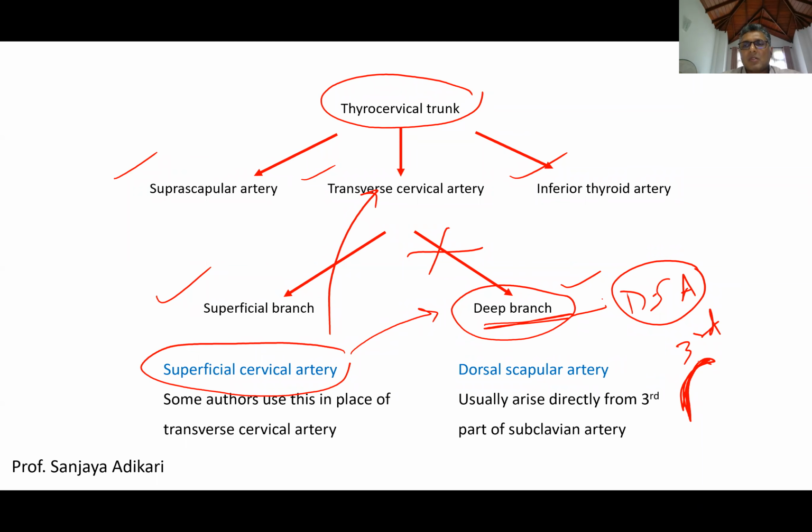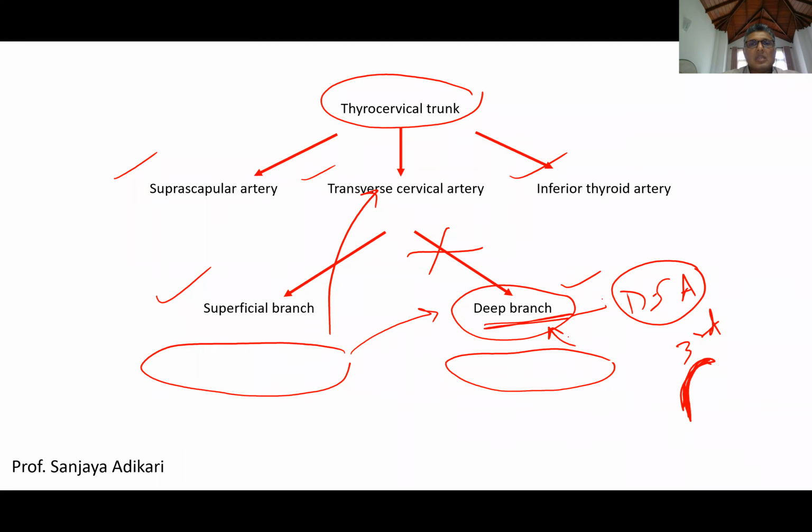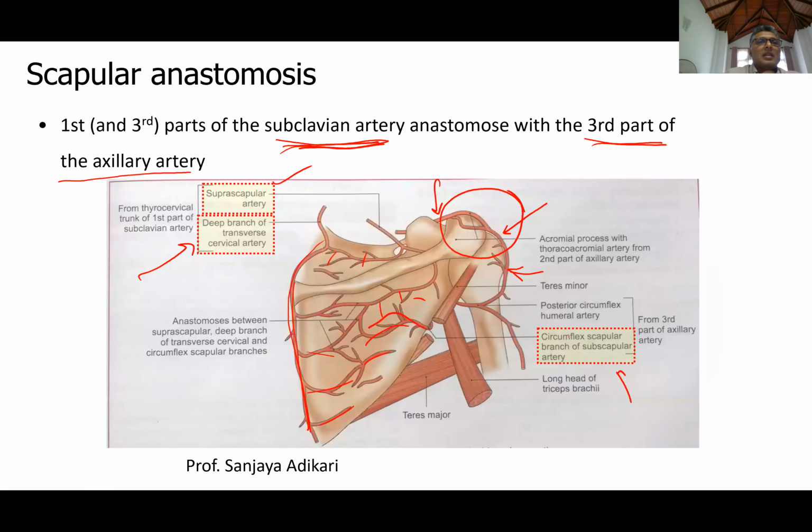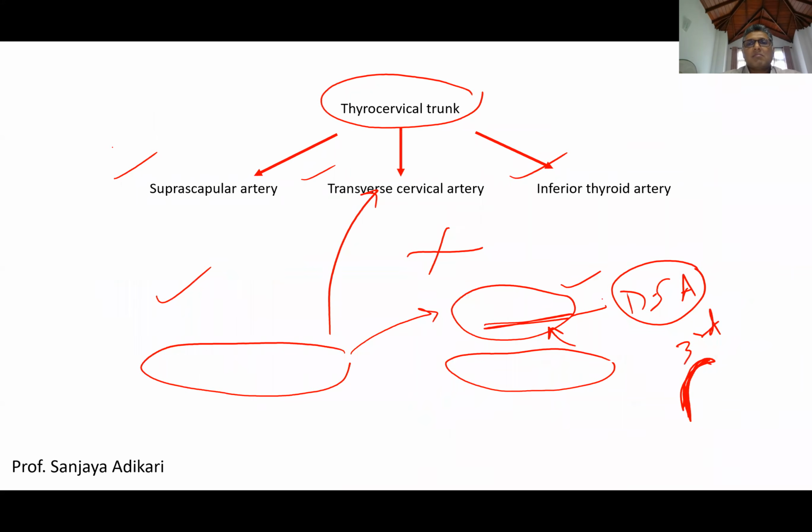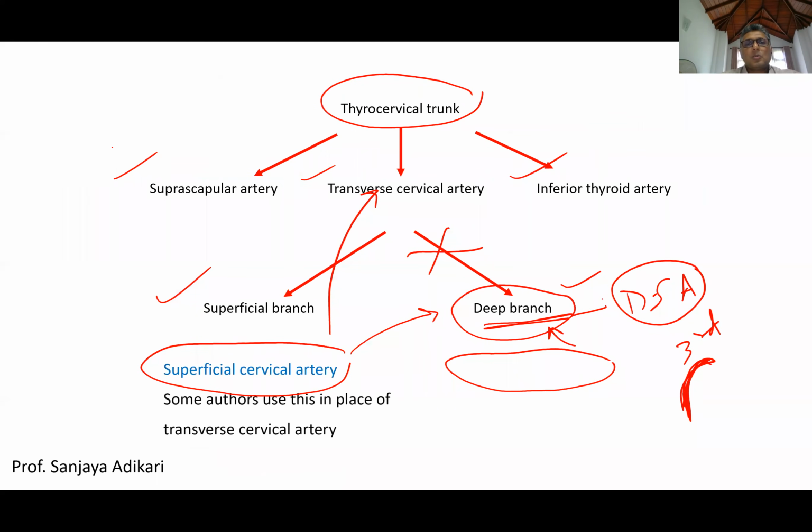Then this artery coming from the third part of the subclavian artery is called the dorsal scapular artery, so that will replace this one. That's why, in the initial description, I said it's from the first or third parts of the subclavian artery. So these are all different descriptions, but I can't make it any clearer to you. Just go through it carefully when you get the lecture note.